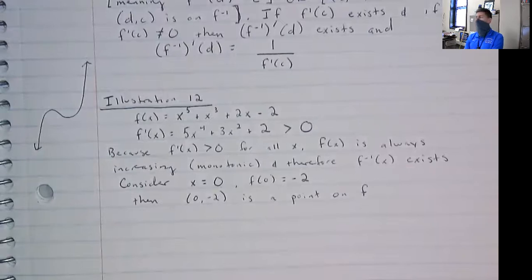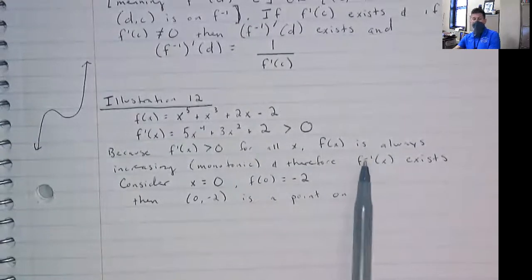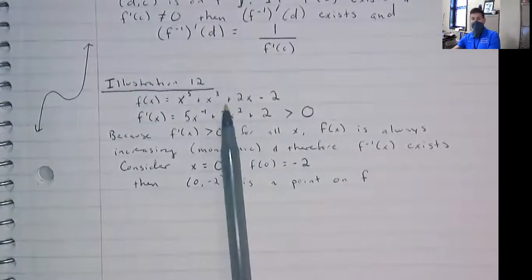How would you get x by itself in that polynomial function? Answer is you wouldn't. And so we're going to pull some magic here that without knowing what f inverse is, we can still find some of its derivatives based on what the derivative of f is.